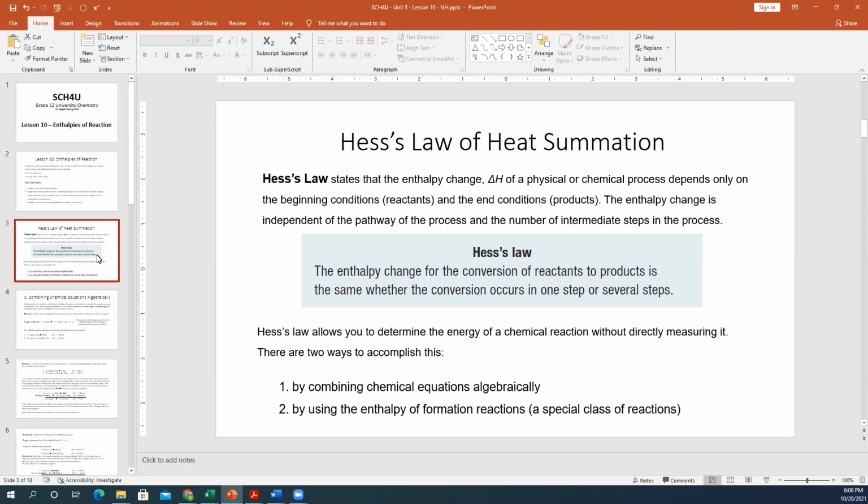We can do this by either combining reactions algebraically that will add up to result in that equation, or by using enthalpy of formation values from a table, from a chart.